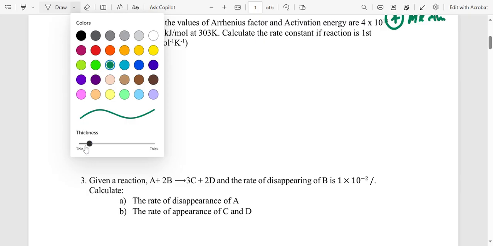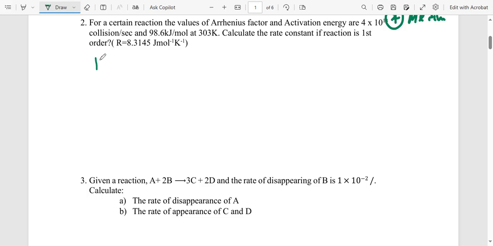For you to be able to do that, you would just use the Arrhenius equation. K is equal to A, remember I said ZP, but that ZP is equal to A, multiplied by Euler's number to the power negative activation energy divided by RT.